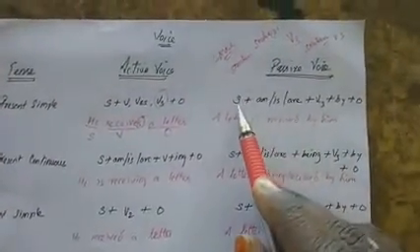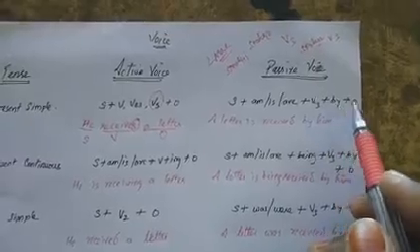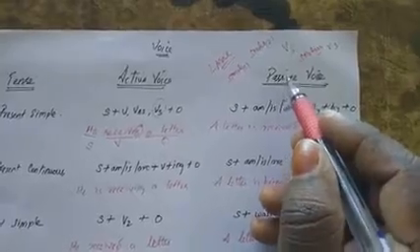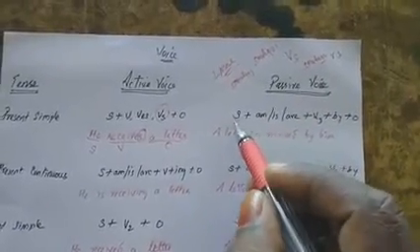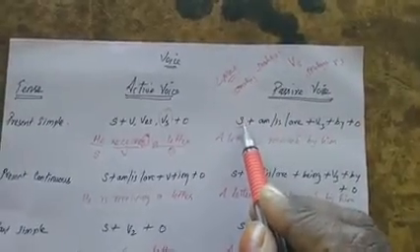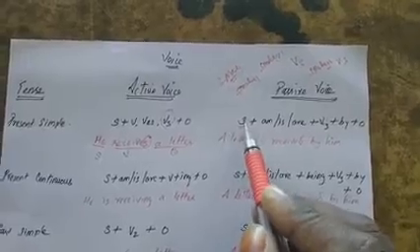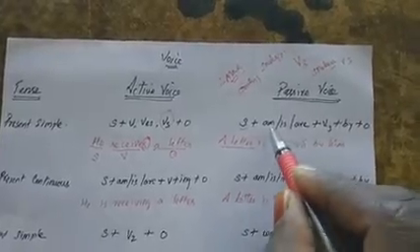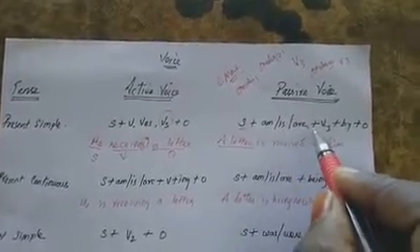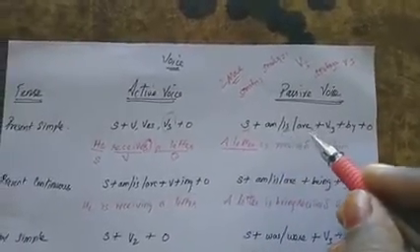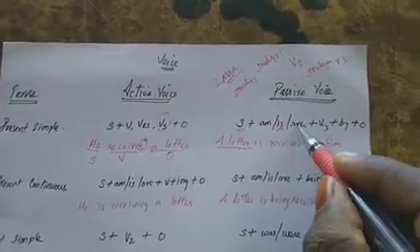And then in the passive form, the pattern is subject, am, is, or are, plus V3, plus by, plus object. You have to begin the sentence in the passive form with the subject. As I told already, the object in the active form will take the subject position in the passive form. So what is the subject? A letter, right? And then am, is, are. Since the object is singular, we should use is. If it is plural, then you have to use are. Okay, fine.